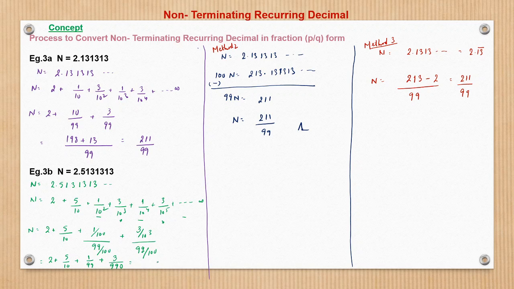If we solve here, the LCM is 990, so it becomes 1980 plus 495 plus 10 plus 3. This we will add. Here it is 1980 plus 495 plus 13. Right. So it gives 2488 upon 990. So this is the answer after solving.